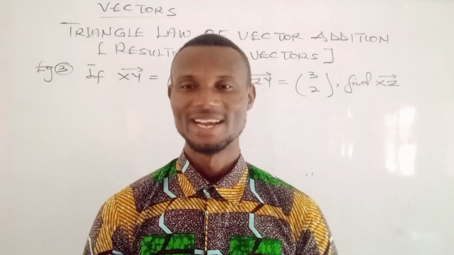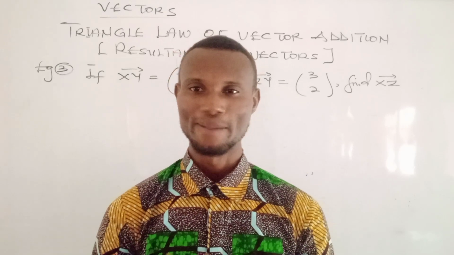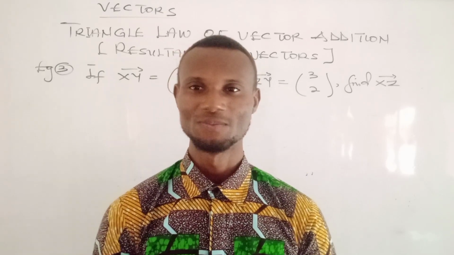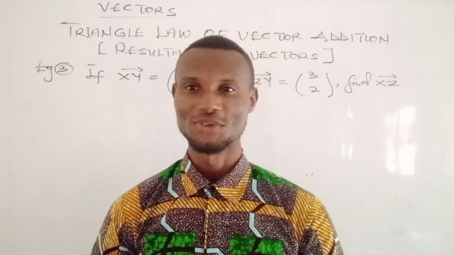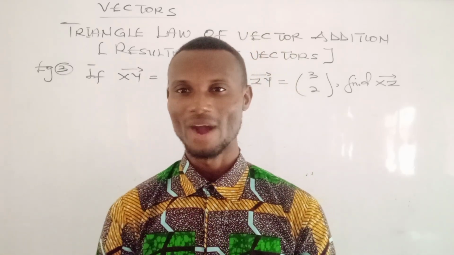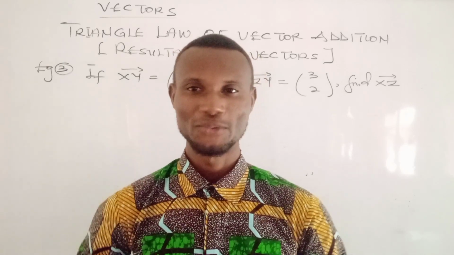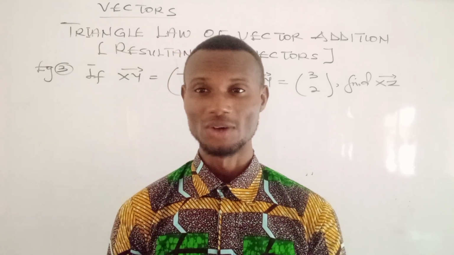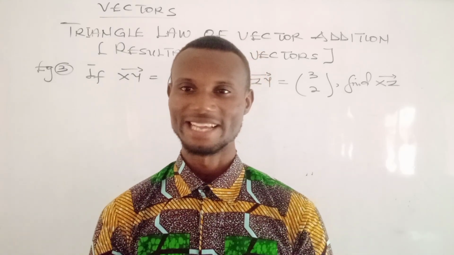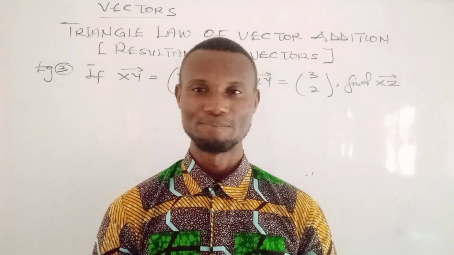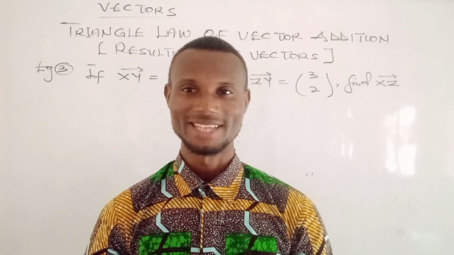So in this video, I want us to solve another example on it so that you get a better understanding of it. So this is example 3, as you can see from the board. It means we've already done example 1 and 2 in the previous videos. And I will advise that you do well to watch the previous videos, because they lay the foundation, the basic knowledge and understanding that you need about the resultant of vectors.